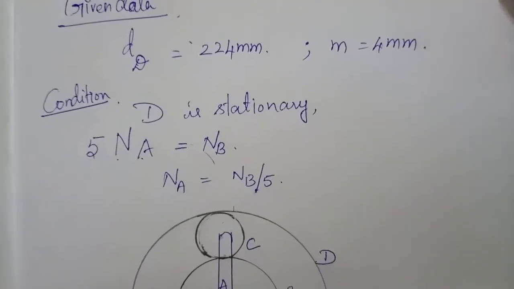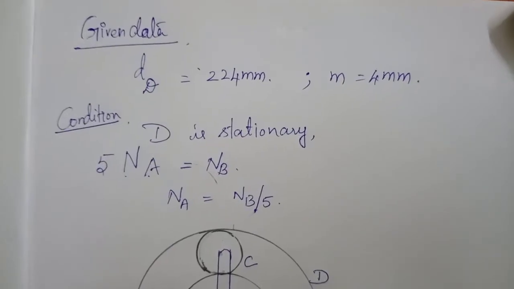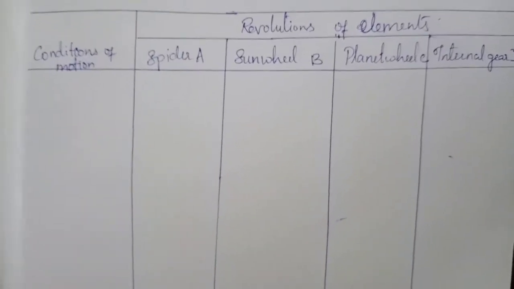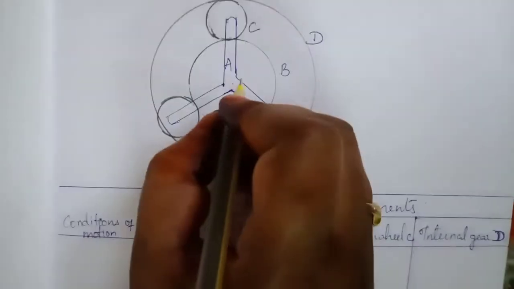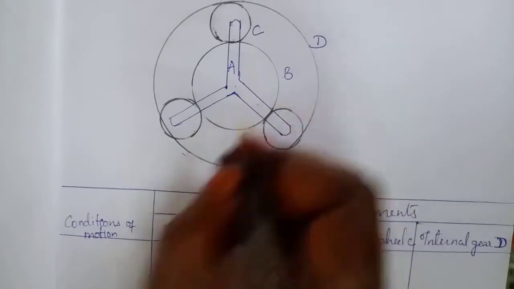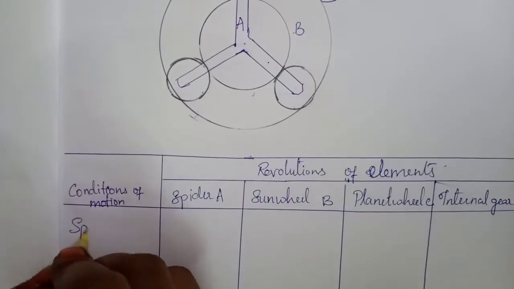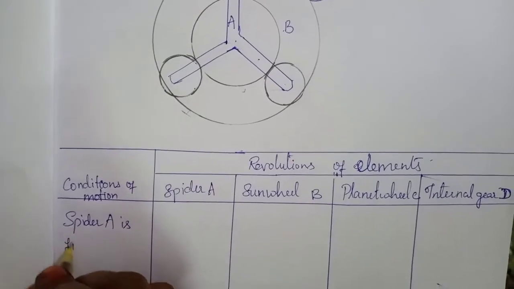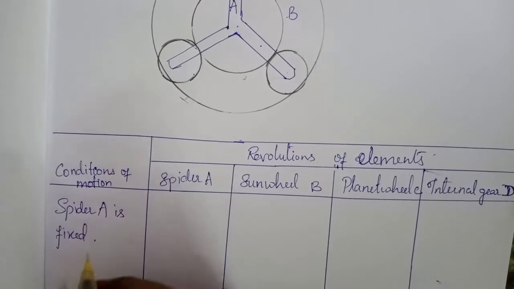So now I have taken the table method. When you are taking the table, say anything clockwise or anti-clockwise. So by default I can take anti-clockwise rotation. So now spider A is fixed. As the usual condition, spider A is nothing but your arm. I am starting from the sun gear.